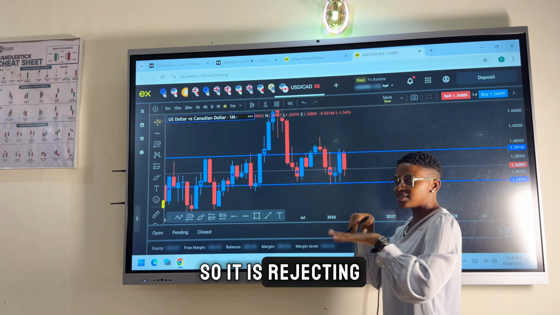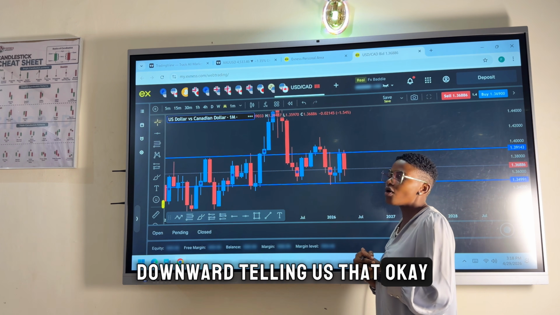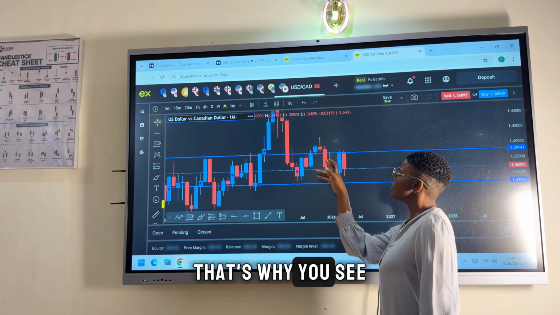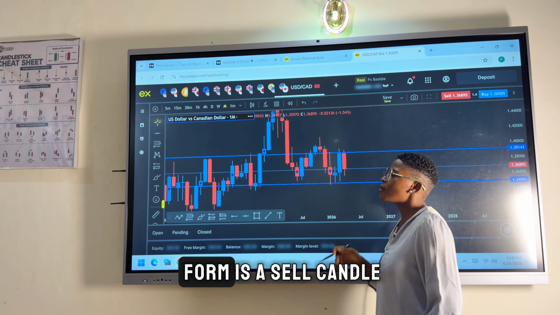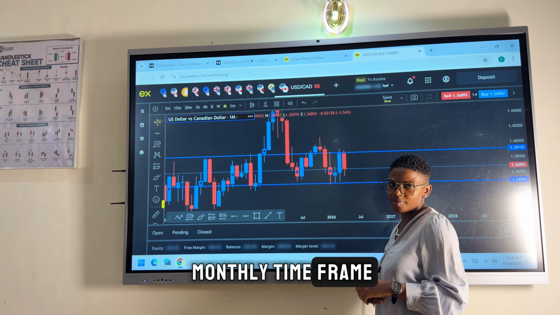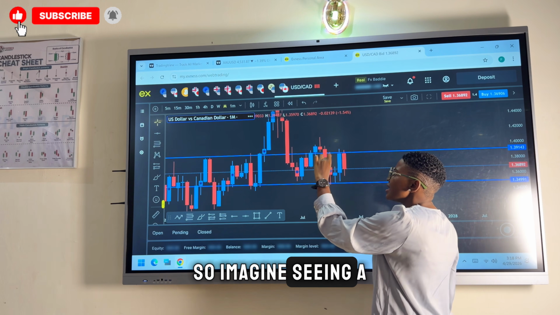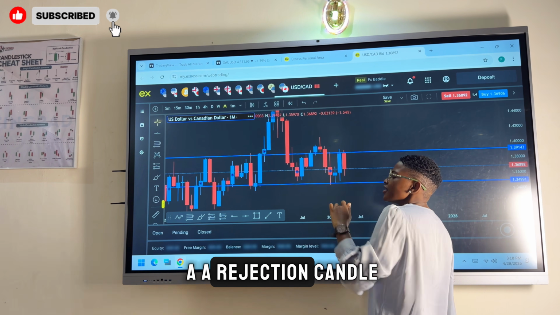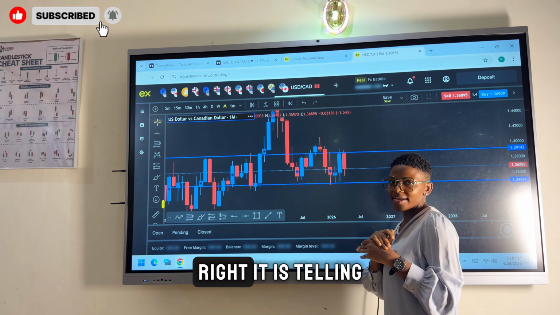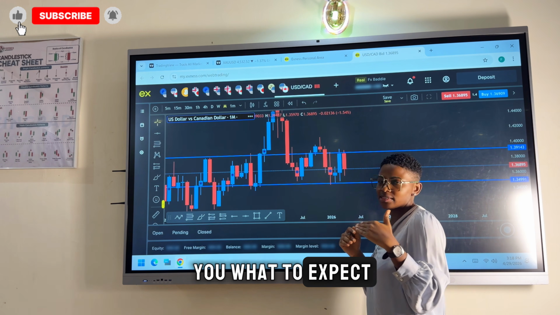So it is rejecting downwards, telling us that sellers are trying to push this market downwards. That's why you see that the next candle that forms is a sell candle, and remember this is the monthly time frame. So imagine seeing a rejection candle like this at a key level, right? It is telling you what to expect.